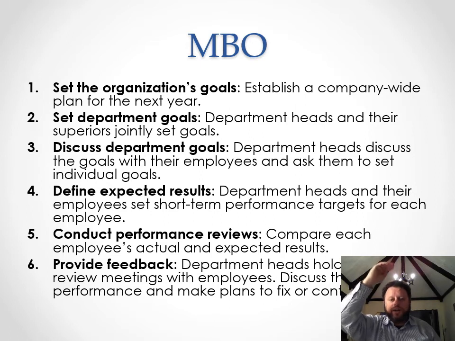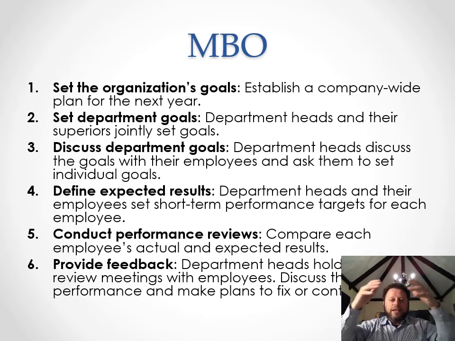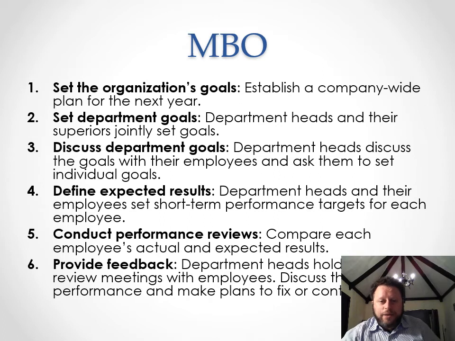What's the company-wide goal for next year, for example? Then what do the department heads need to do to achieve that goal? Then they discuss that with the employees, and then they ask the employees to set individual goals. This is the participative part, right? So these 6 steps really integrate this idea of establishing SMART goals. This is the short-term SMART goal.